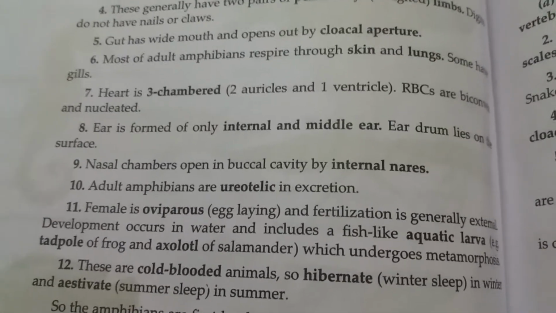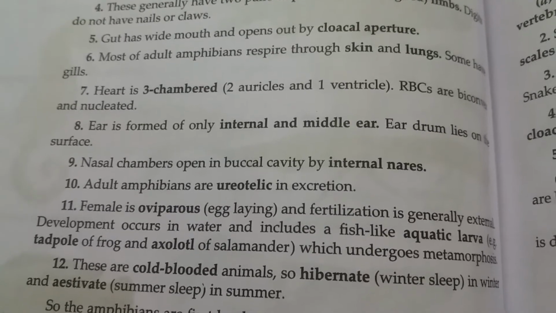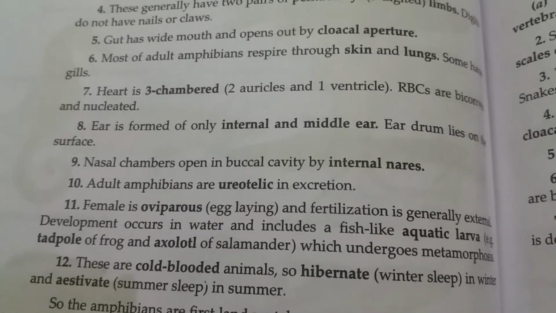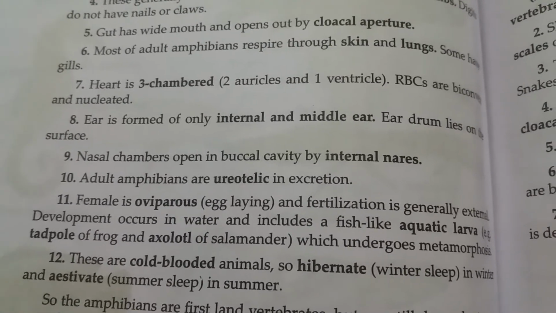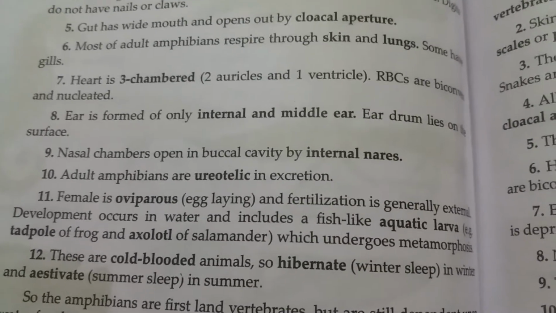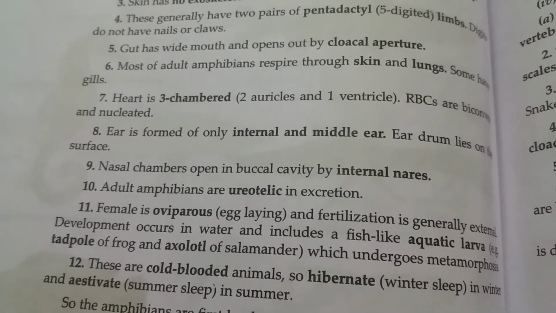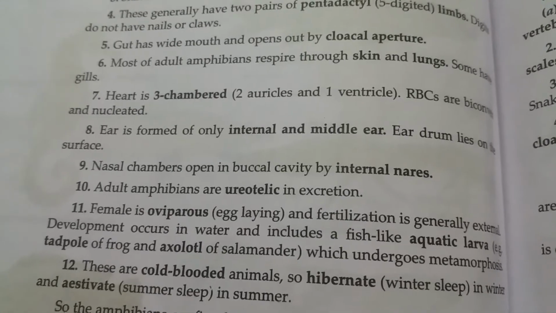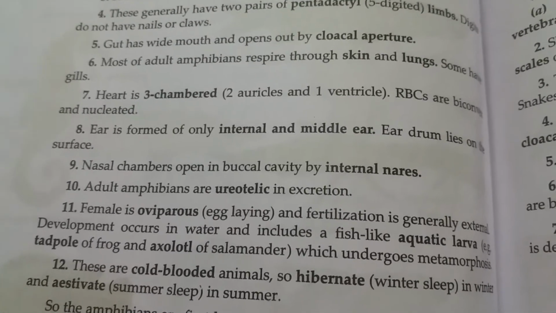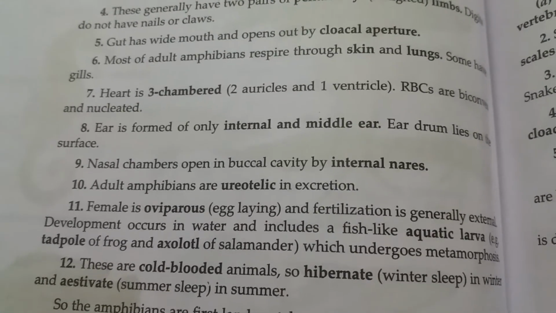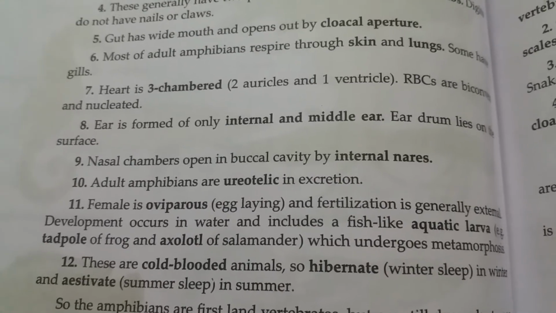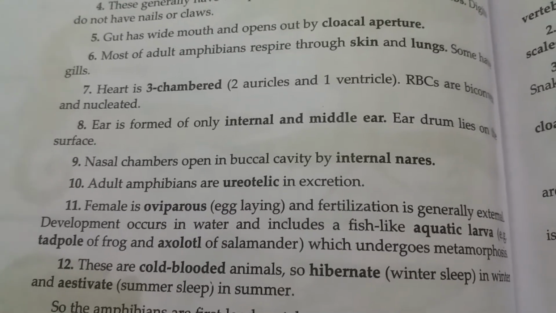Heart is 3 chambered, 2 auricles and 1 ventricle. RBCs are biconvex and nucleated, means RBCs are present and they are nucleated. Ear is formed of only internal and middle ear.